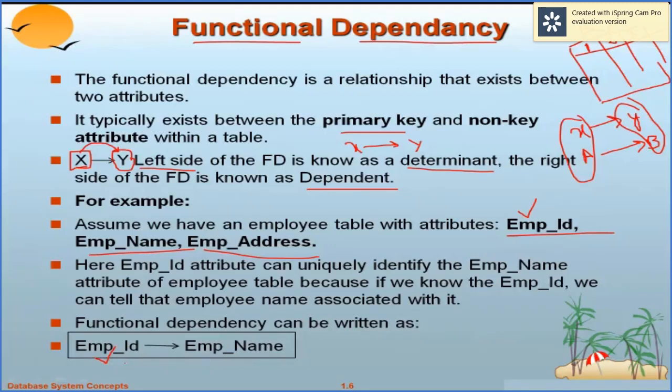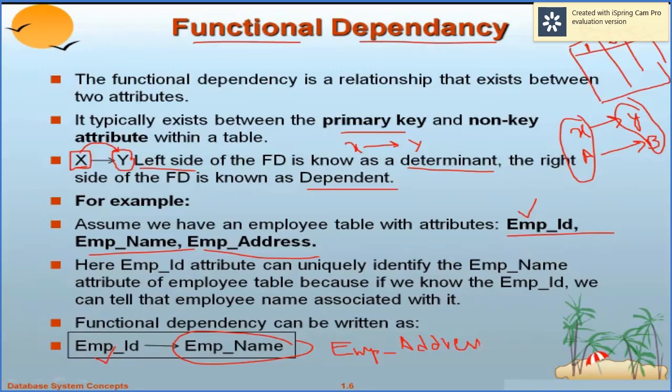So write the left hand side element as employee ID, put an arrow, and then write the non-key attribute, that is employee name. Or you can also replace employee name with employee address. Even that satisfies the functional dependency concept. But make sure that the left hand side component should always be a key or a primary key.